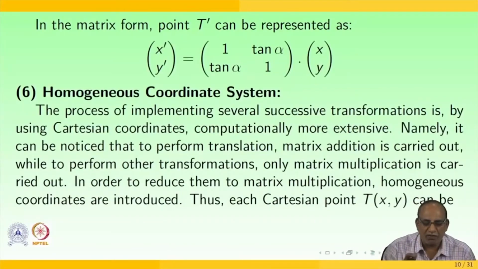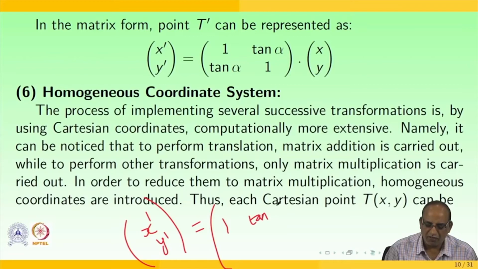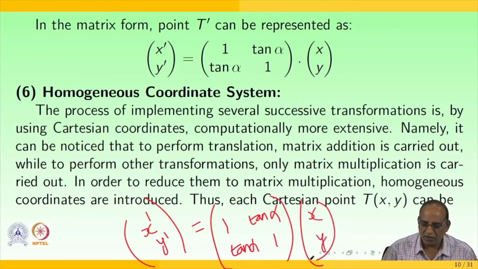In matrix form, x prime, y prime is 1, tan of beta, tan of alpha, 1 multiplied with x and y.